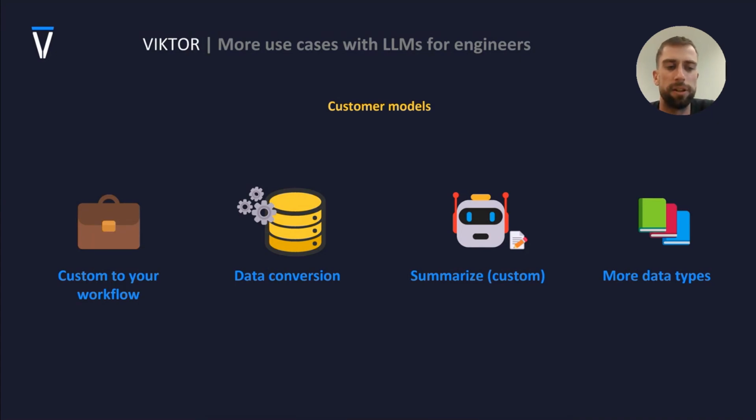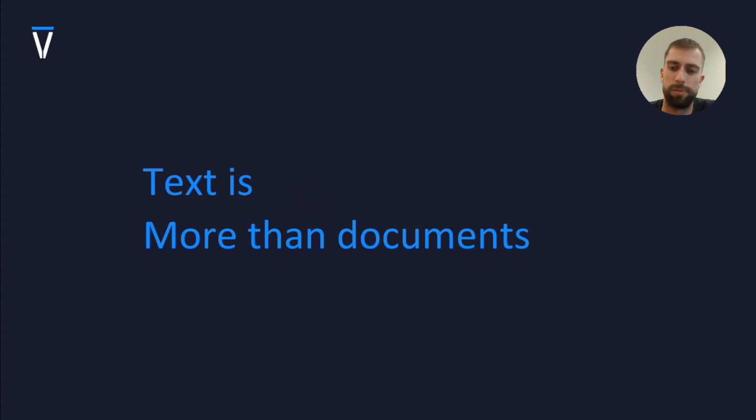All the very specific detailing, you still have to do yourself. But I think just getting the base to start with is already very valuable. So that's basically text being more than documents. And I also have some more examples I want to show with this.